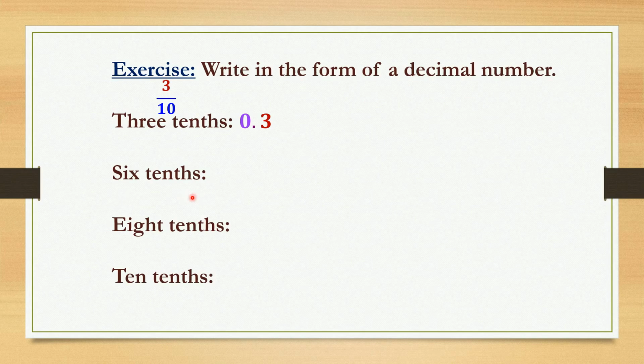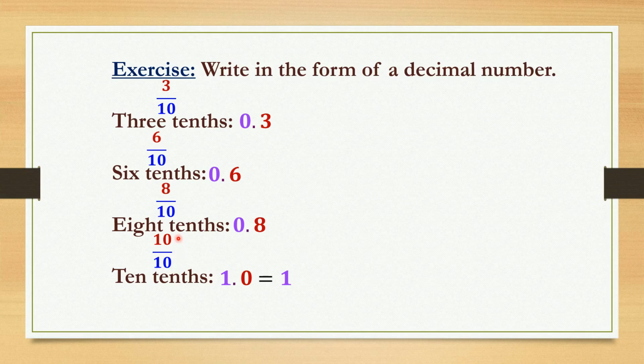Now 6/10 is equal to the fraction 6 over 10, which is equal to the decimal number 0.6. Now 8/10, it's equal to the fraction 8 over 10, which is equal to the decimal number 0.8. Now 10/10, it's equal to the fraction 10 over 10, which is equal to the decimal number 1.0, which is equal to 1.